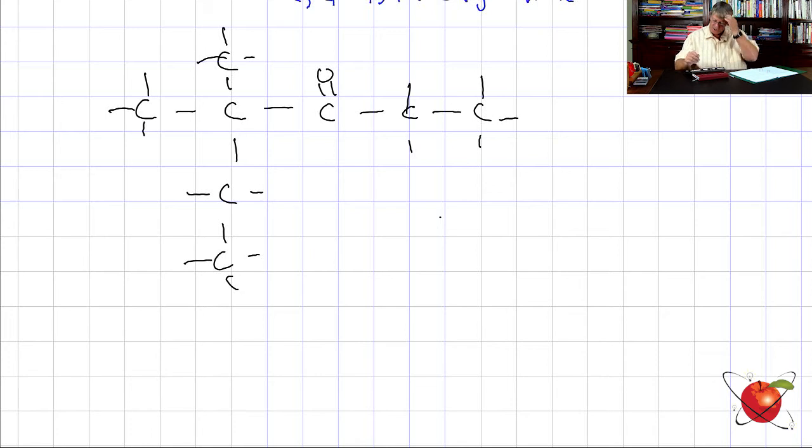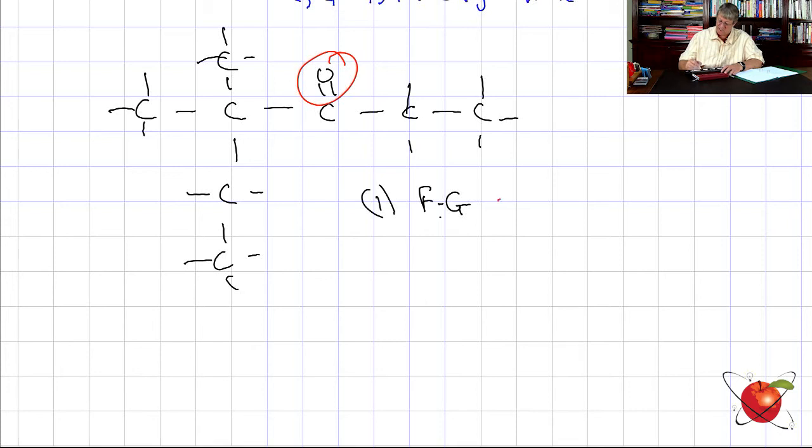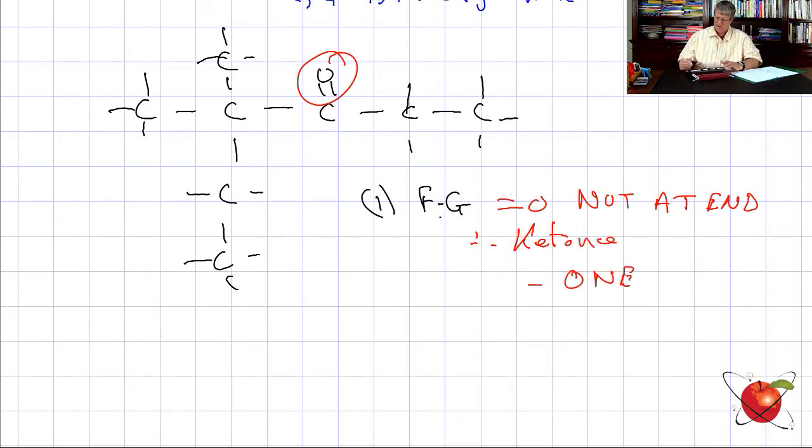Because it's there. So once again, step 1 is the functional group or the family name. In this case, we identify a double bond O, not at the end. Therefore, it's a ketone family, one.